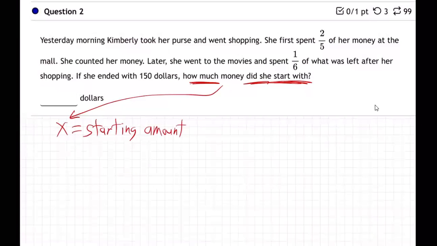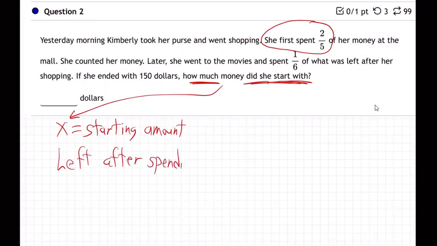Now, how are we going to go through this? Well, she first spent 2/5 of her money. What fraction was left? If she spent 2/5, what fraction is left after spending 2/5?